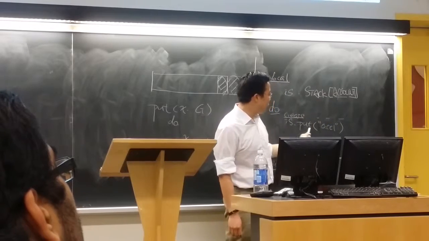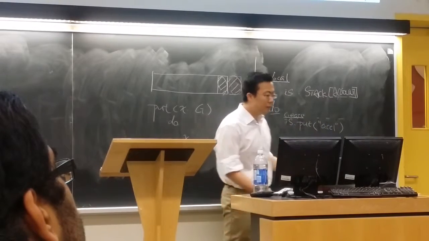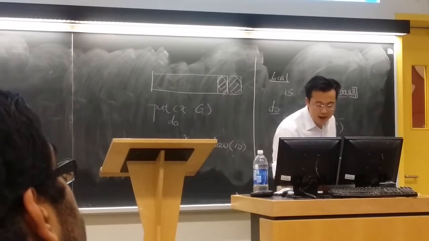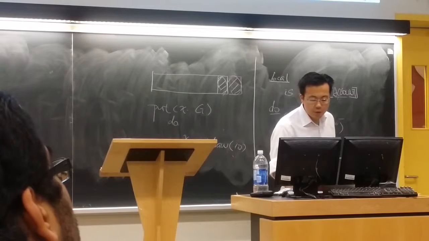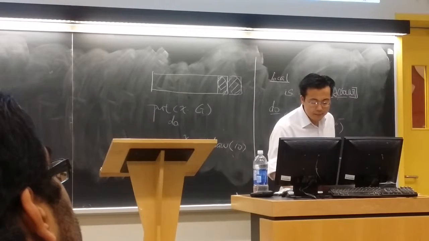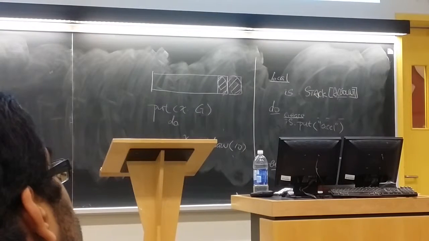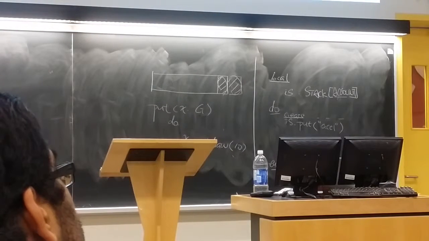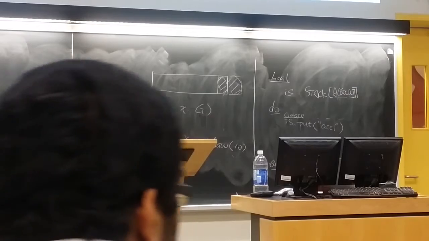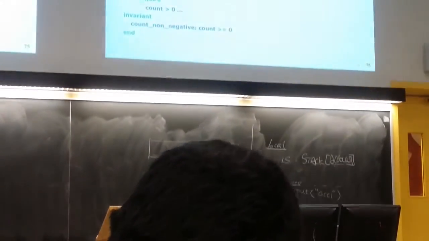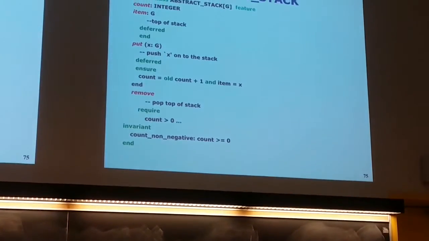So that's why here, if you're trying to say put, whatever G that the put has over here has to correspond to whatever G that's instantiated for the class, right? They have to match. If I instantiate this G to be account, then this put here should have account as the argument. Okay?